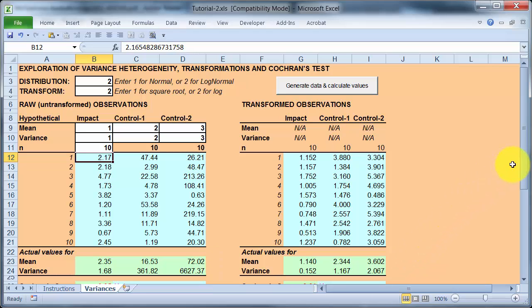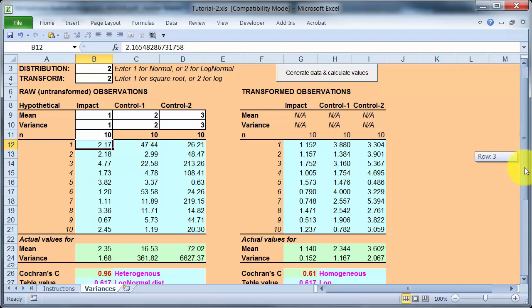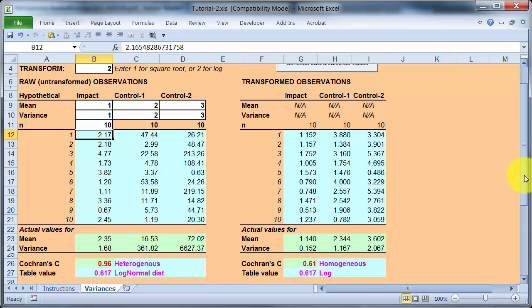What we can do, and what people may be in the practice of doing, is a Cochran's test. Cochran's test is the largest variance, so variance for group 3 here, divided by the sum of all variances. Because that third group, which I call control 2 for no particular reason, has a variance of 6,500, it overwhelms everything.